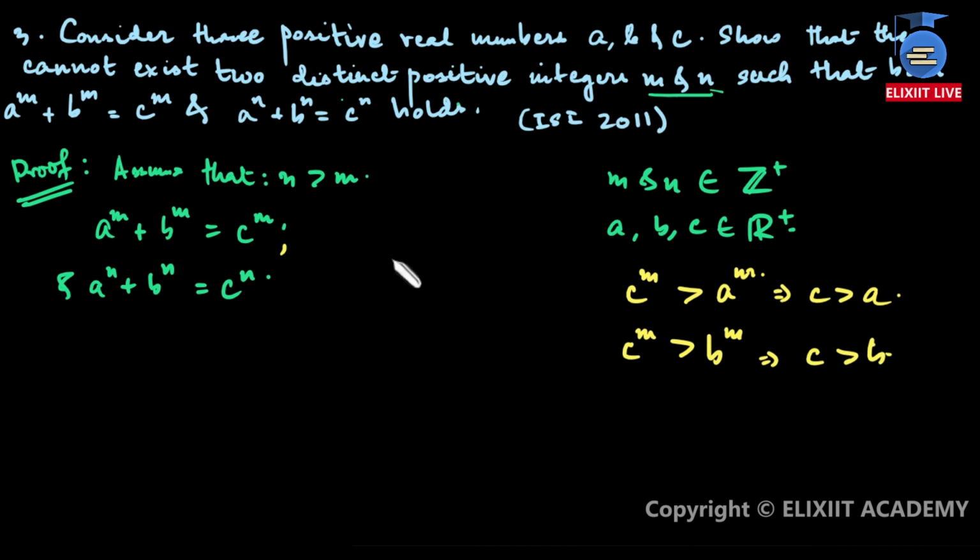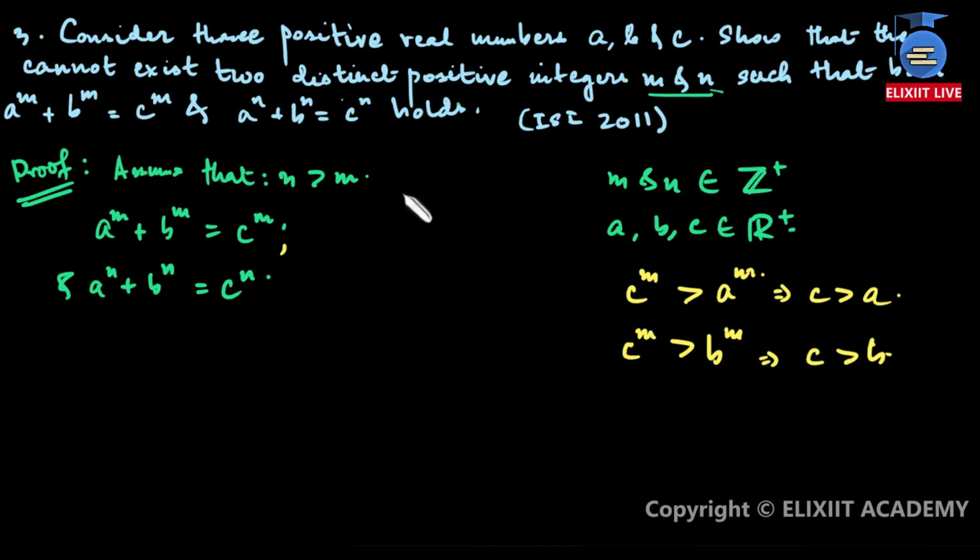N is greater than m, which means something has to be done from here so that we can prove that both of them do not hold simultaneously. We have to show that there cannot exist two distinct positive integers for which both hold.